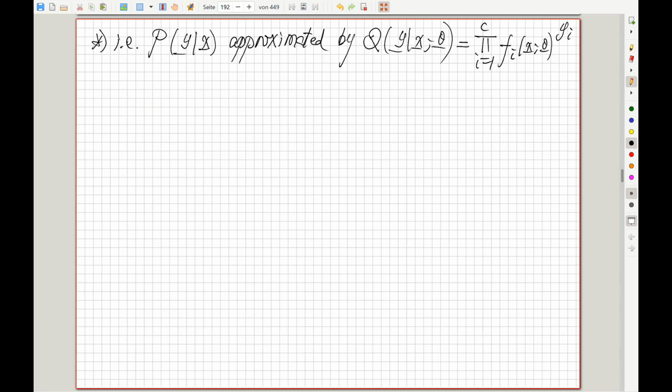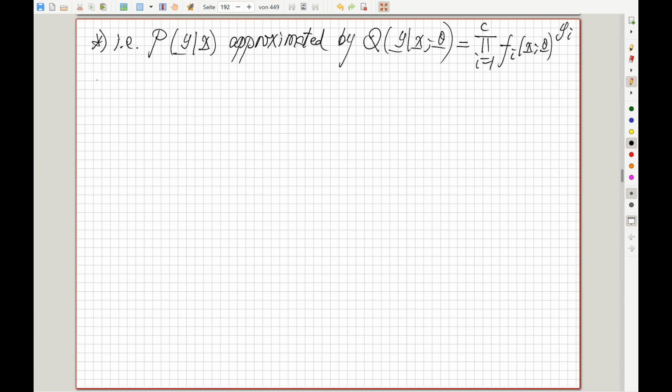How can I force the neural network to provide this kind of probability-like outputs? Softmax. I introduce a softmax. The softmax is designed only for this purpose, that's all, right?